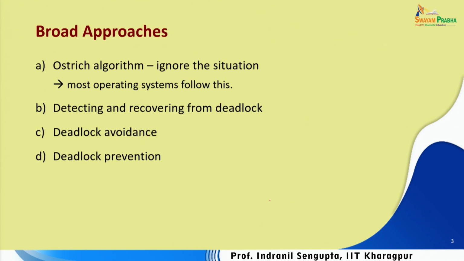So, talking about the broad approaches, there are 4 broad approaches which also we mentioned earlier. First one is something called ostrich algorithm, which is basically a very simplified thing where we ignore that deadlocks have taken place, ignore the situation, and incidentally most of the operating systems that are used today, they use this approach.